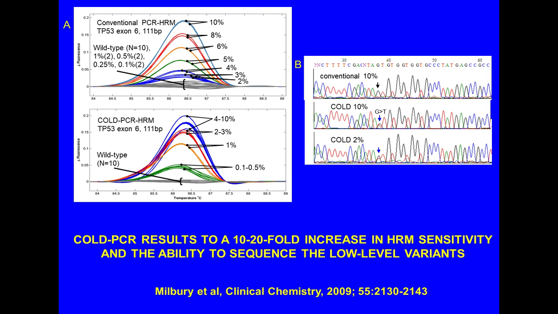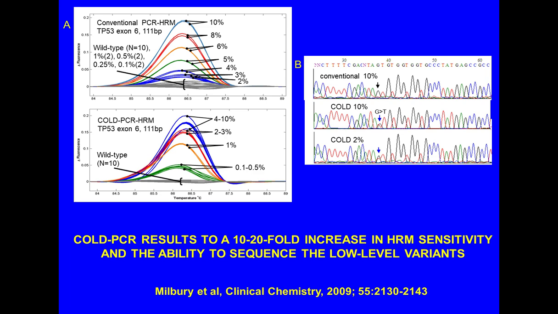And if you try to sequence it, very often you can't find it. For example, in the conventional HRM, a 5% mutation may be detected by HRM, but then you can't sequence it by using Sanger. By doing enrichment, you can both detect lower level and sequence them. The enrichment is big enough that you can see it on Sanger.